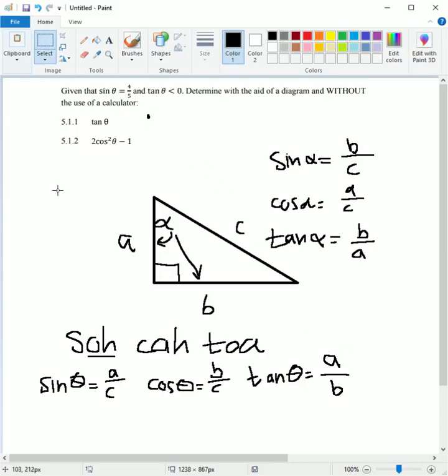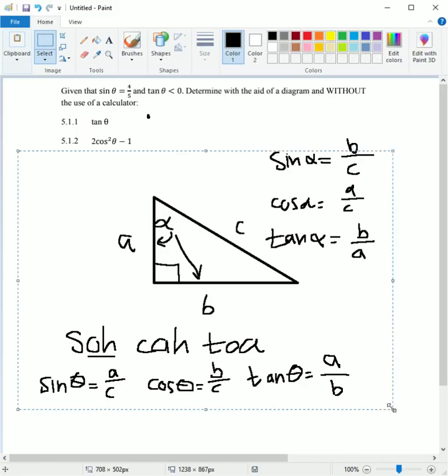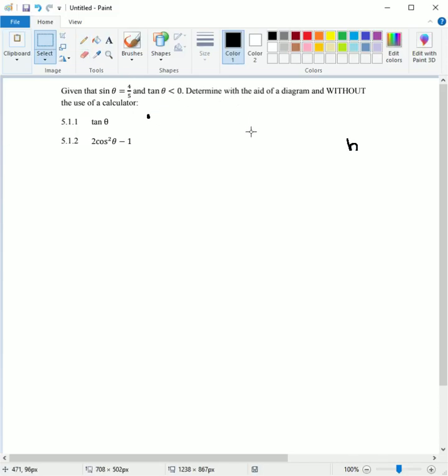That works fine. What about when you do enter a Cartesian plane? There are certain things that you need to know when you work in a Cartesian plane, because SOHCAHTOA, as much as it's valid and it helps, is not going to help you directly in your Cartesian plane. In order to determine your ratios once you're in your Cartesian plane, I'm going to draw our first quadrant. This is our Cartesian plane, and I'm going to draw a line in our first quadrant over here.